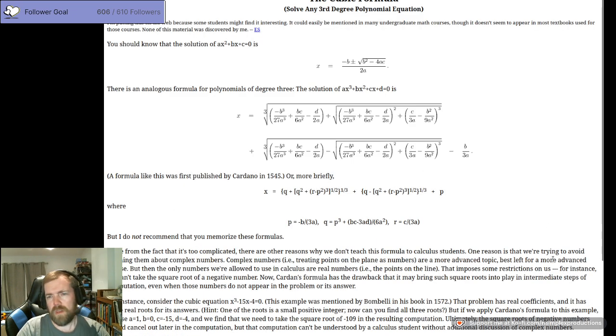And so Tartaglia, after some time, was able to come up with something that looked a bit like this. This is not exactly the same. Again, Cardano, who's somebody else, is coming in a little bit. Oh, 1500s.